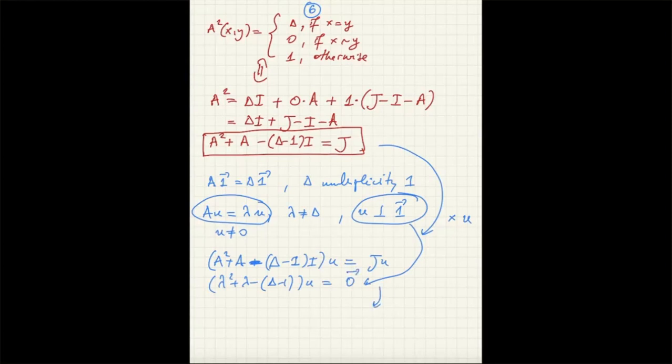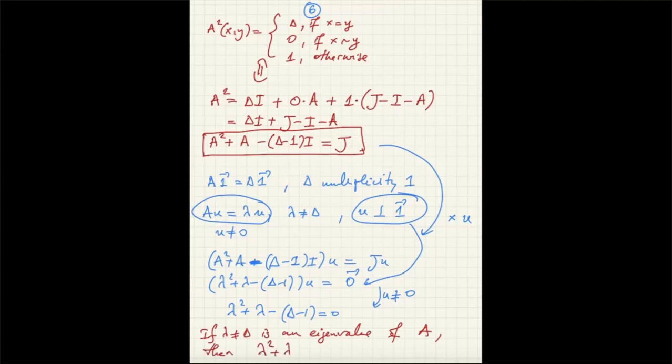And now, because U is not 0, that means that the expression in front of it must be 0. So lambda must satisfy this equation: lambda squared plus lambda minus delta minus 1 must be equal to 0. So what we prove is that if lambda, which is not delta, is an eigenvalue of A, then lambda squared plus lambda minus delta minus 1 equals 0.